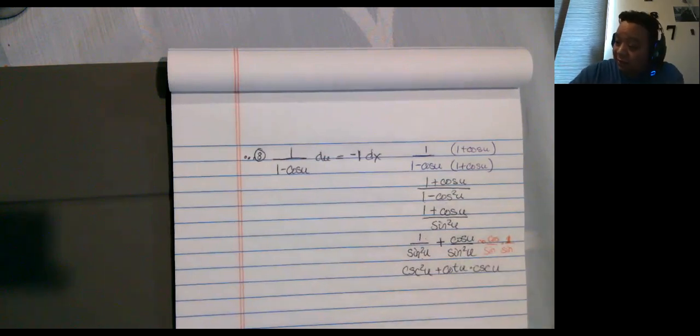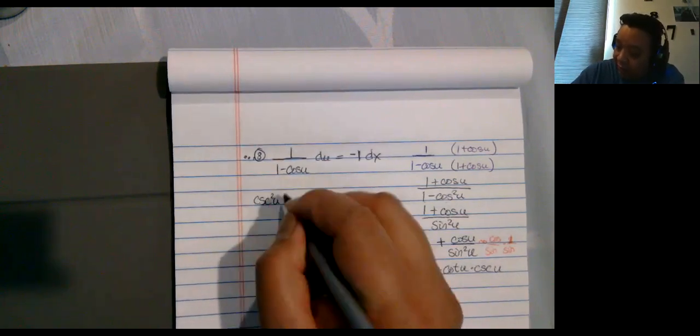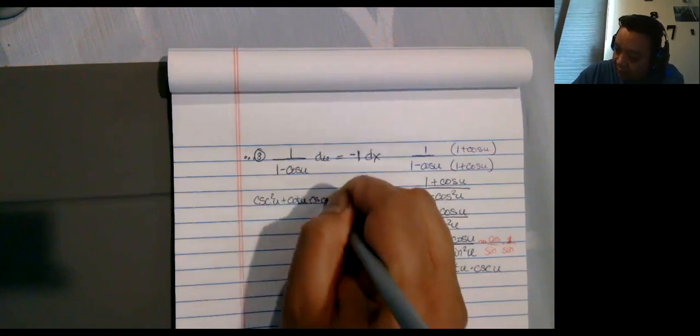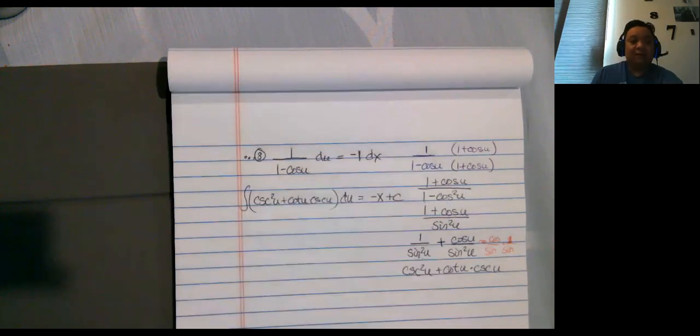So now the left side is cosecant squared u plus cotangent u cosecant u du, equal to negative x plus c. And you still have to integrate this part.